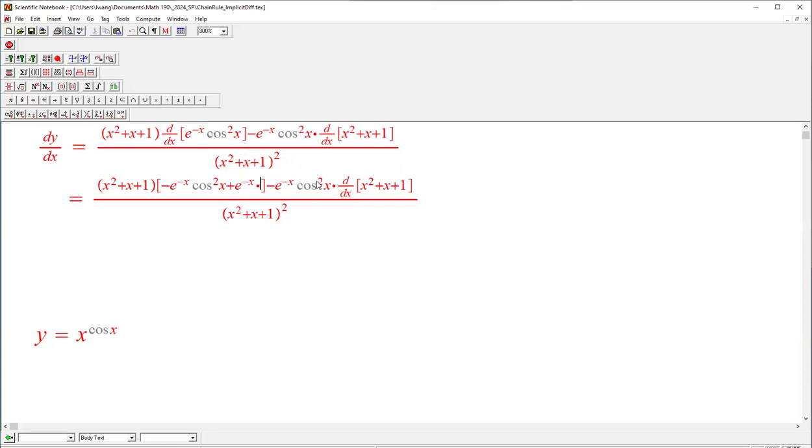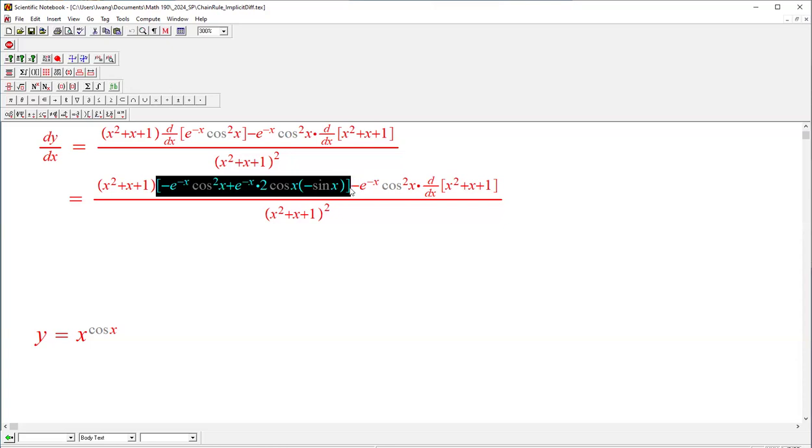So we're differentiating cosine square x. Of course, this is a chain rule. It equals 2 times cosine x, and then we differentiate cosine x, which gives us negative sine x. So that finishes the derivative for just this piece.